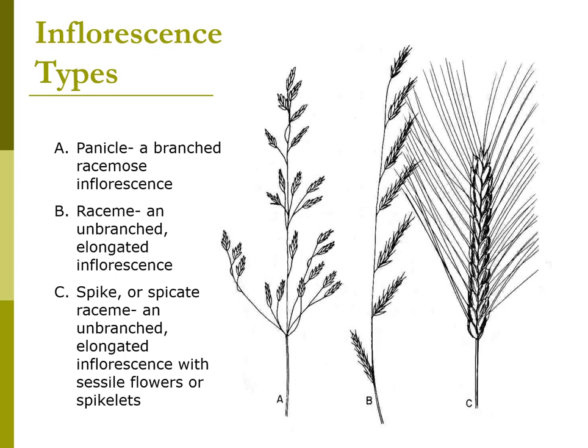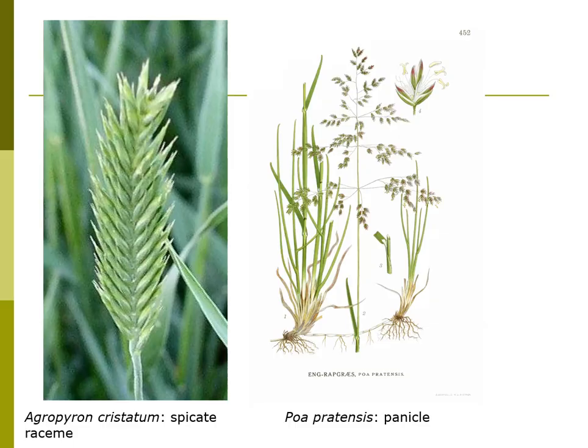And then finally, C is a spike or a spicate raceme, which just means one long terminal inflorescence. So on the left, we've got crested wheatgrass, which is a spike or a spicate raceme. And then on the right, we've got Kentucky bluegrass, which is a panicle. You can see again, it has multiple branches, which are again branched after that.